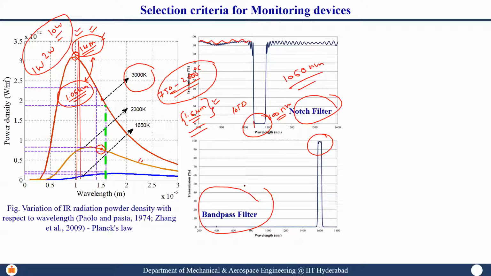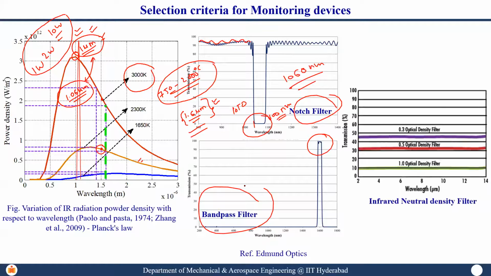But now because of my change in material, I want to measure up to 2000. Then how do you do that? Simple. You use neutral density filters. What do they do? These are just like our sunglasses. They will cut the radiation. So by using these neutral density filters, you can play with the range of temperature that you can operate with your detector.